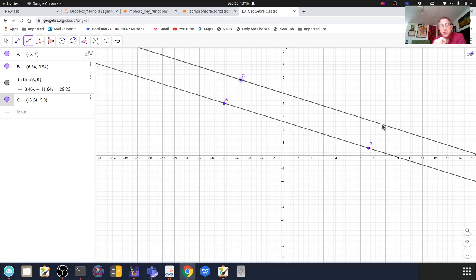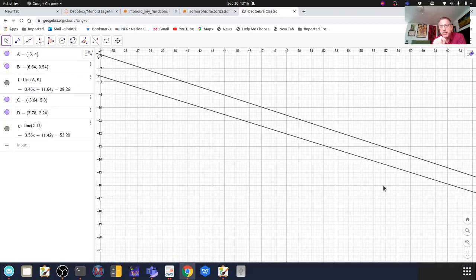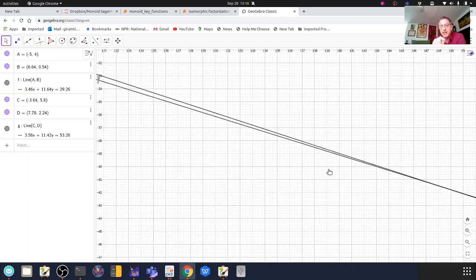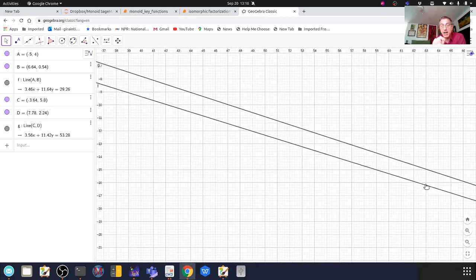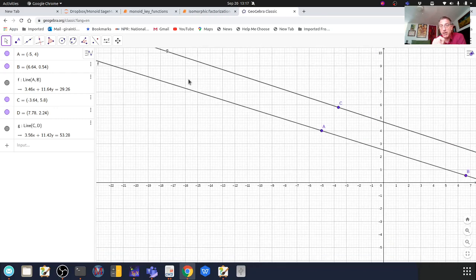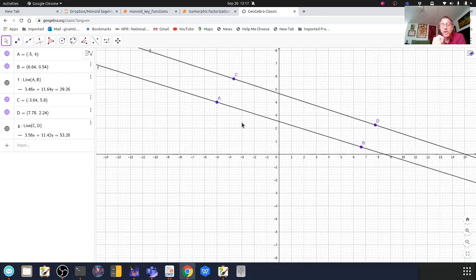Because if they're just almost parallel, if we move out far enough, we're going to see they intersect. So where I stopped, they're not parallel. They seem to be parallel right along and through there, but they're not. But just the slightest little bitty difference in their slope.